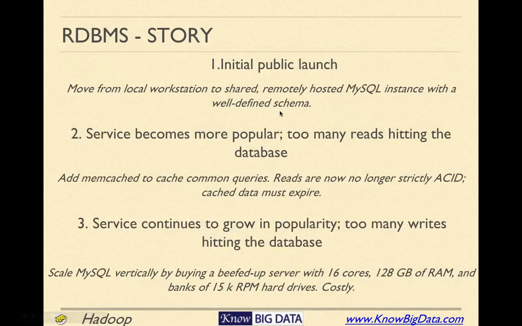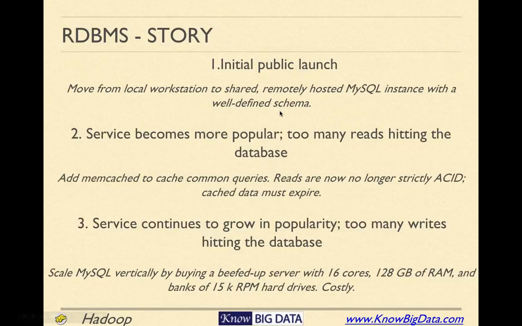The reason is that the data which the cache will be serving will always be slightly older, because it takes time to reflect the changes in the cache. So the moment you put in memcached, your ACID properties are gone for a toss.